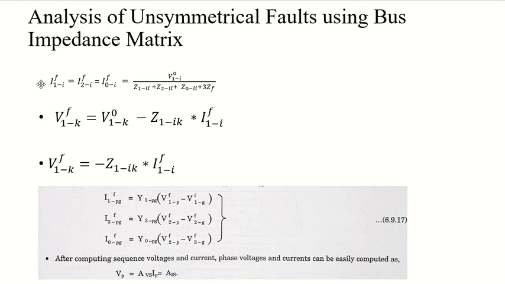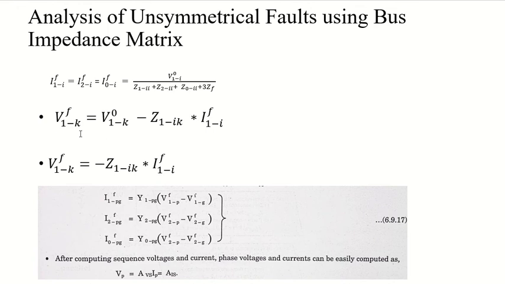Now once we have the current values, what do we have to do? We can calculate the post fault voltages for any bus. So for the positive sequence network, the voltage developed at bus K due to injection at the ith bus, what will be the value? Again, the formula will remain almost equal.